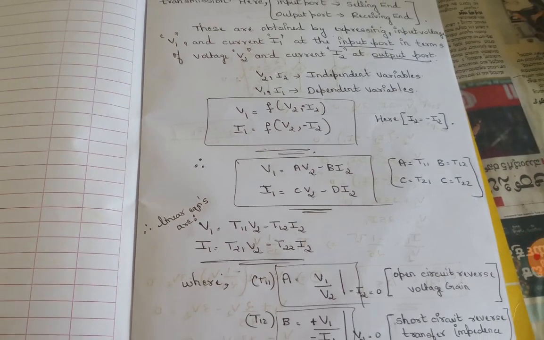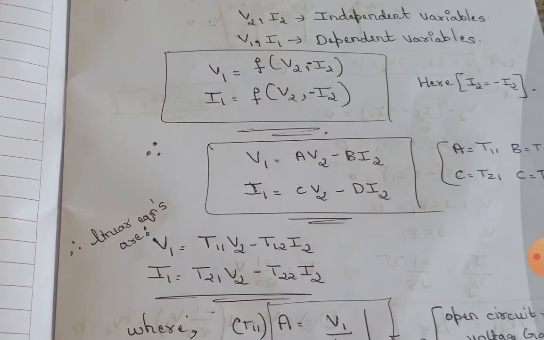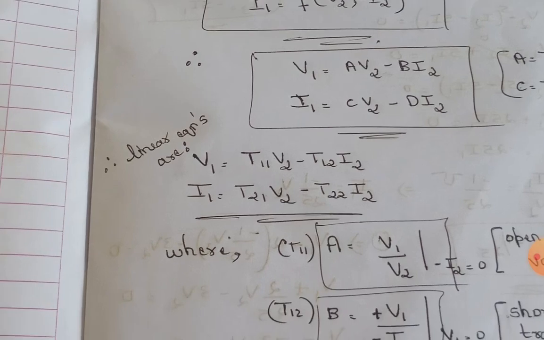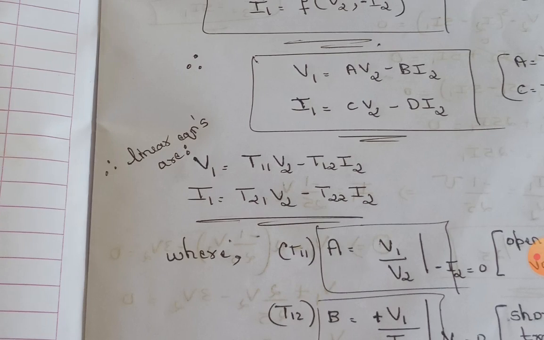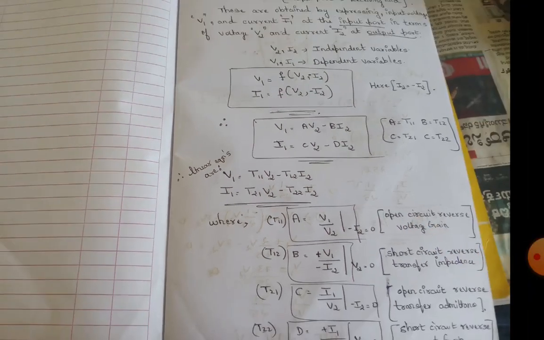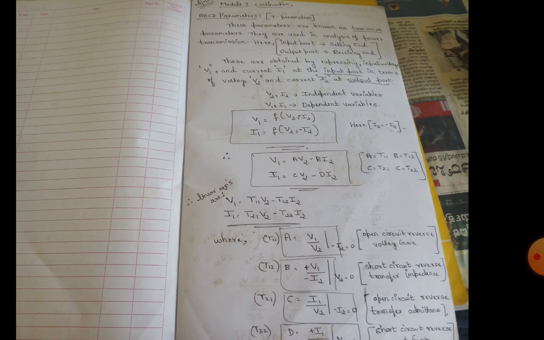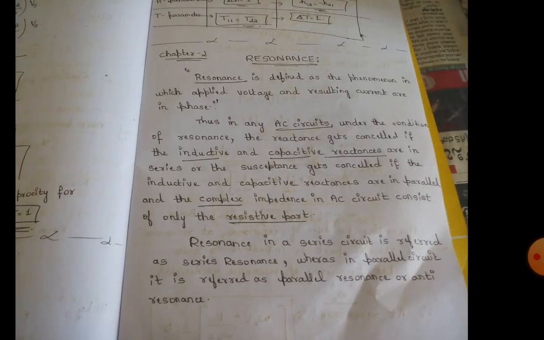I1 is given as CV2 minus DI2. Also in the T parameter form, that is T11 V2 minus T12 I2 and T21 V2 minus T22 I2. Similarly we get the four values A, B, C and D by putting V2 and I2 equal to 0.